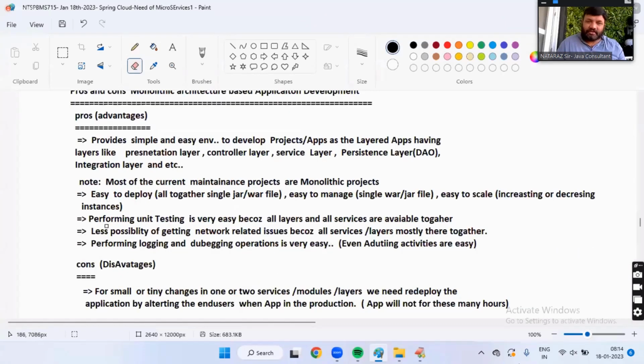Everything is there in a single war or jar. Performing unit testing is an easy process because all layers and all services are available together. Whose responsibility is it to perform unit testing?